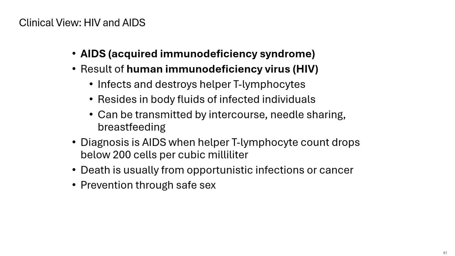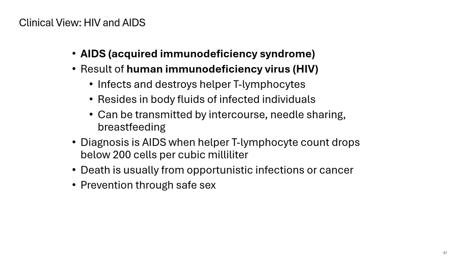And then kind of the last thing that we'll look at here is HIV and AIDS. So we alluded to this earlier, right? And so AIDS is acquired immunodeficiency syndrome, and HIV is human immunodeficiency virus. So HIV is the virus, and then AIDS is the disease that can occur from infection with the virus, right?